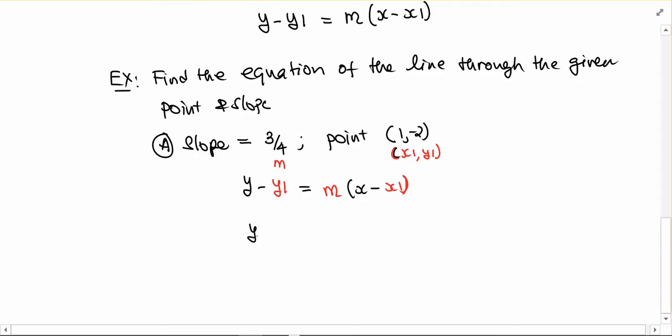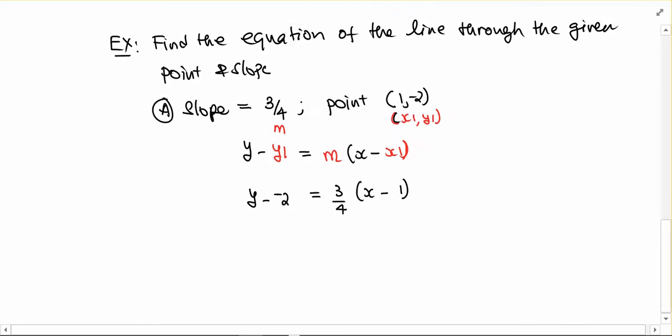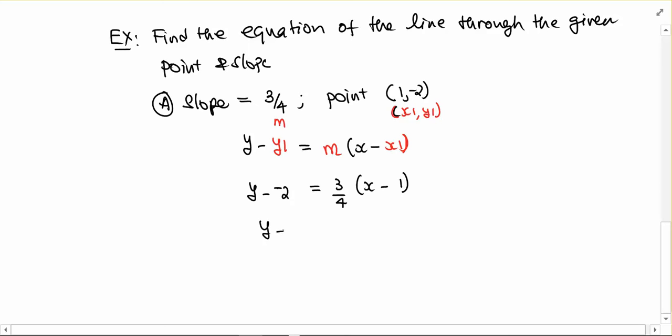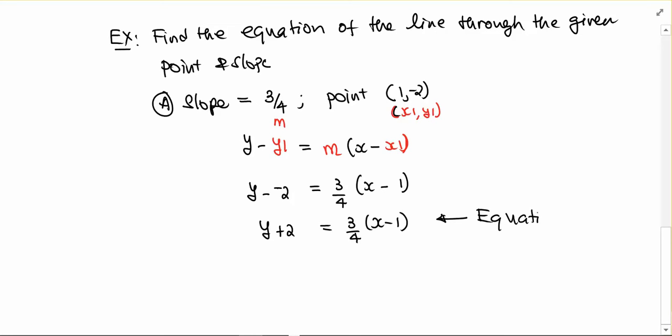So it's y minus y1, so that's -2, equals m, which is 3/4, times x minus x1, which is 1. Right there, you have your equation in point slope form.